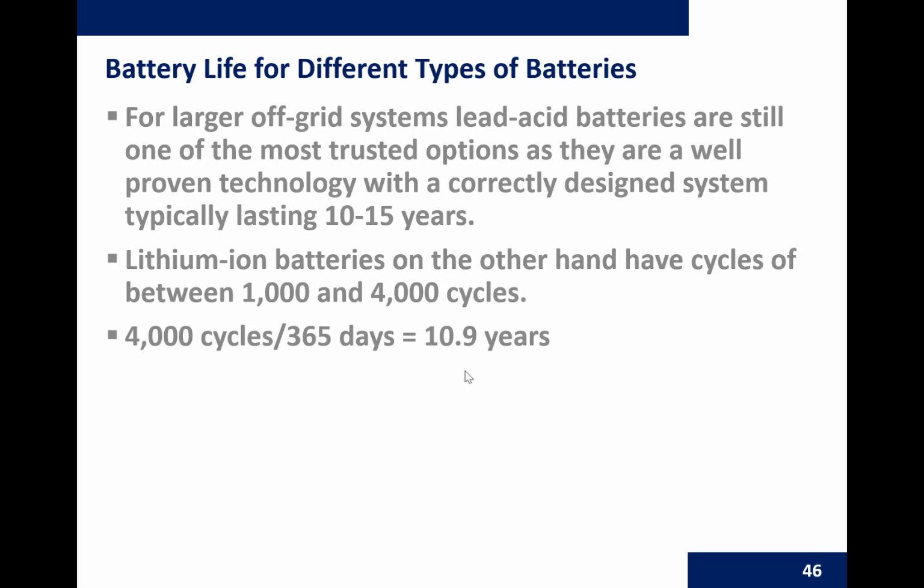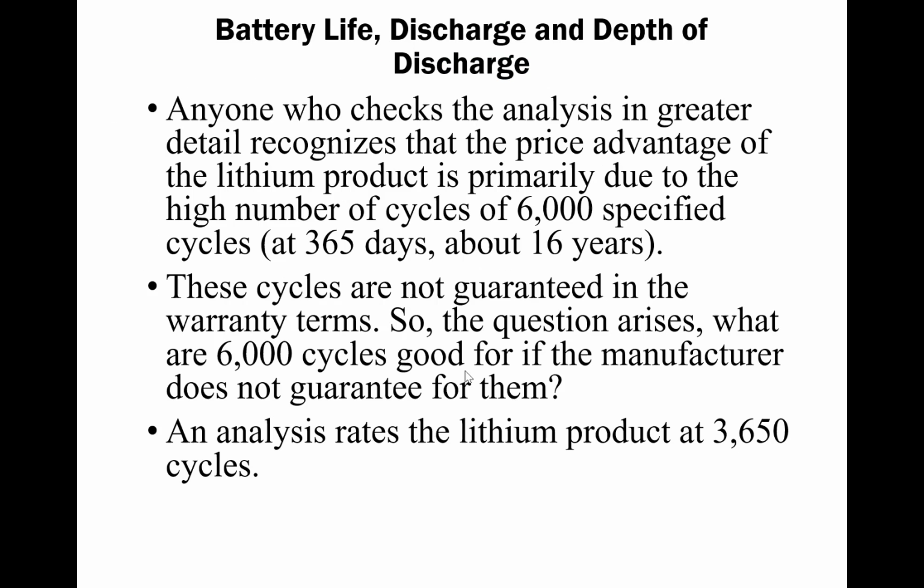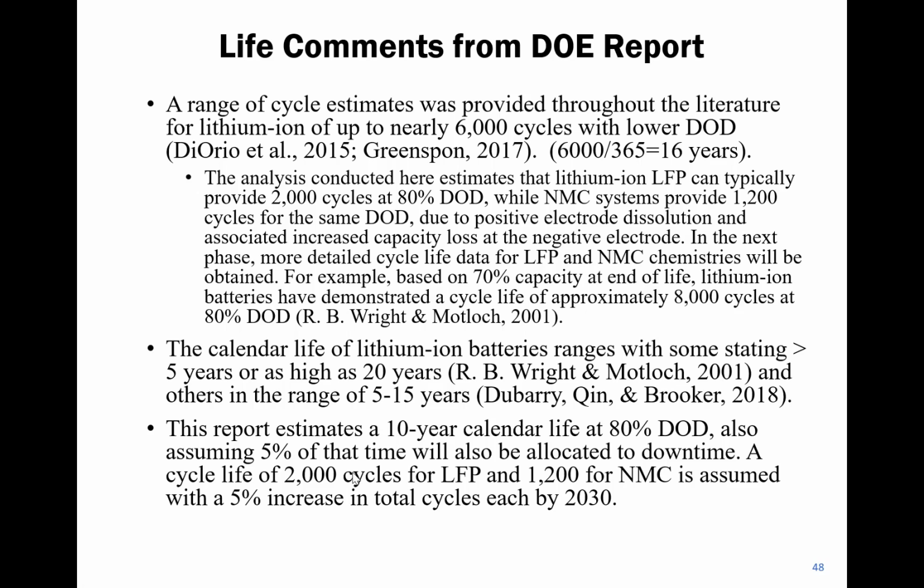We obviously have a big variation in the life estimate. Okay, and if it's 6,000 cycles, okay, 365, if you take 6,000 divided by 365, you get 16. And then there's some other comments.